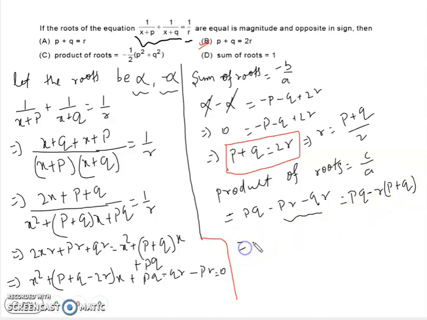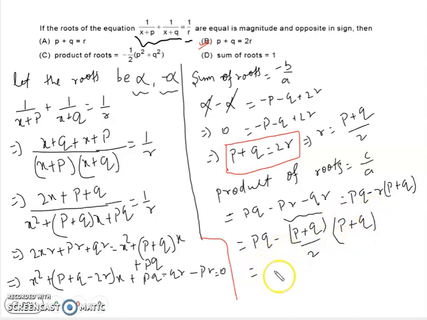So we can write pq minus p plus q by 2, and this is also p plus q, right? Are you getting my points, guys?